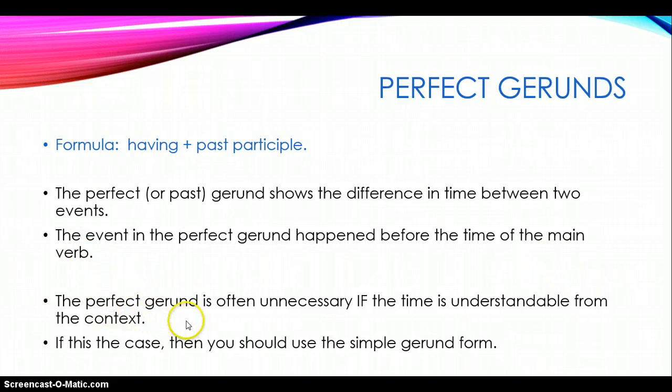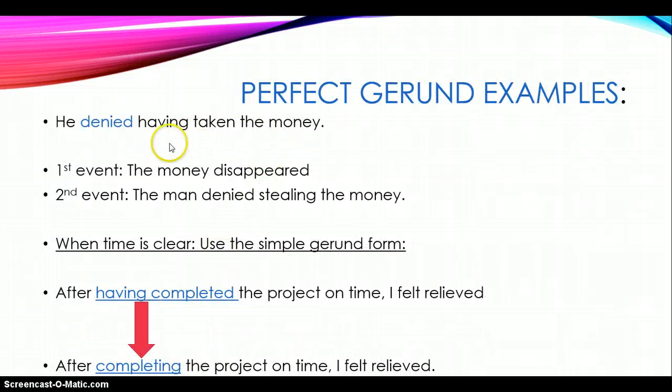And the perfect gerund is often unnecessary if the time is understandable from the context. So if this is the case, then you should use the simple gerund form. Here are some examples. We have the first event, which is the money disappeared, and the second event, the man denied stealing the money.